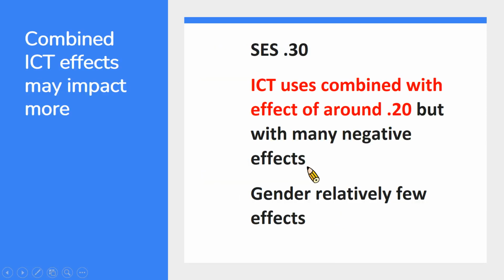The next issue raised is that perhaps combined ICT can affect more. For instance, SES has an effect of around 0.3, and ICT combined can be around 0.2. Gender has relatively few effects. But we have to be concerned that there are many ICT uses with negative effects.